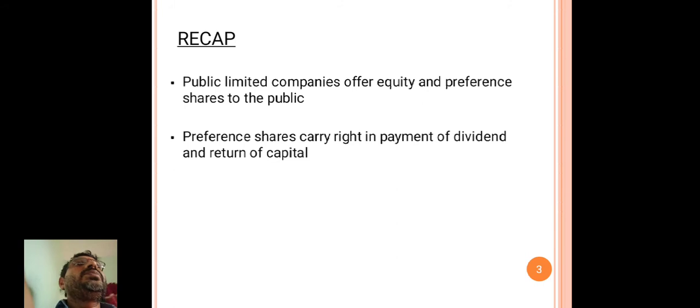And medium term financial resources and short term financial resources are for working capital.